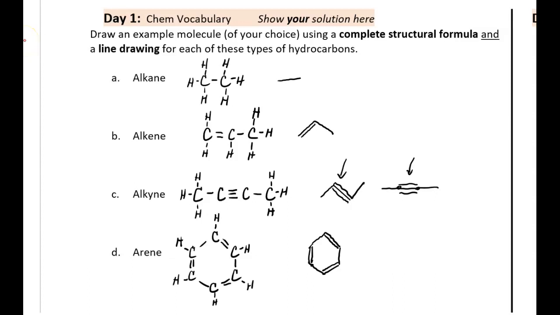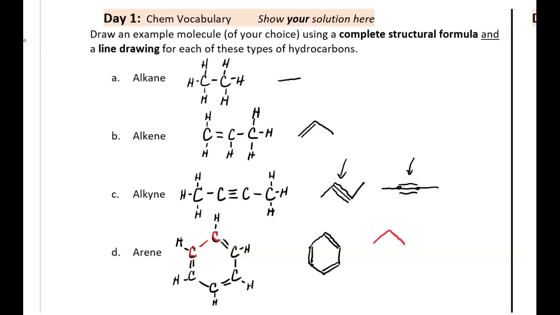In a benzene molecule, the location of the single and double bonds changes all the time. For instance, between this carbon here and this carbon here, there's not always a single bond. Sometimes there's a double bond there, and the single bond would be over here because the electrons are always in motion. So there's a way to show that with the line drawing.